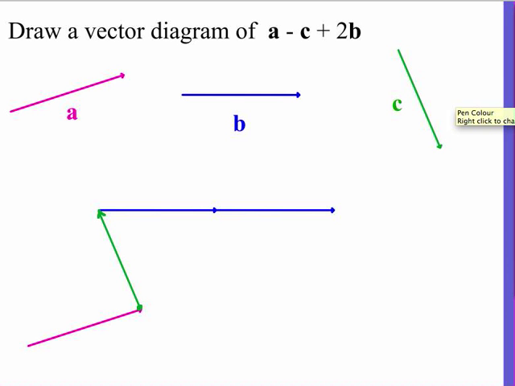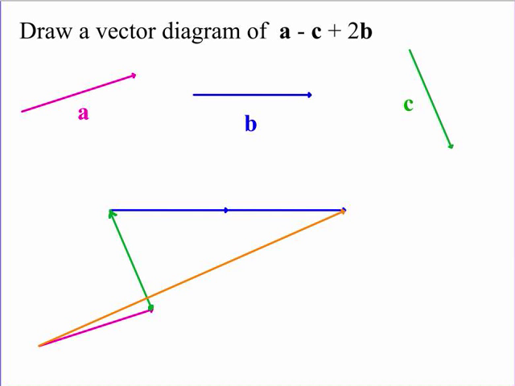The tail of the pink. And it's going to end where? There you go. Right. It's where you started to where you ended. That's what you need to remember. Where you start to where you end. So A minus C plus 2B, that vector is represented by the orange.